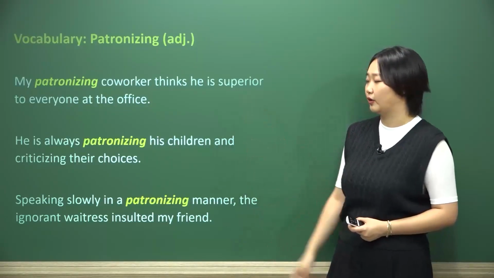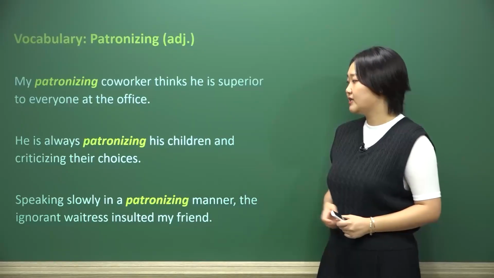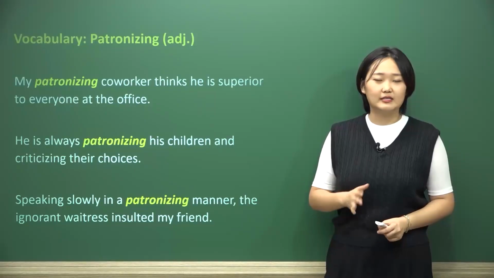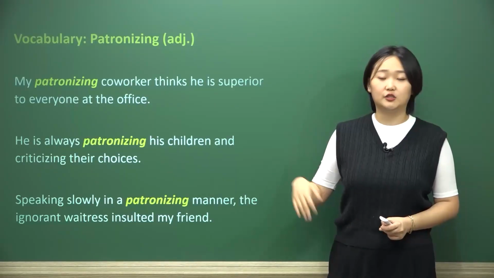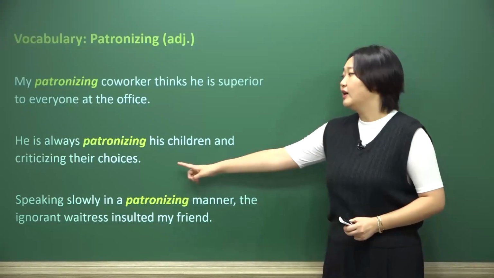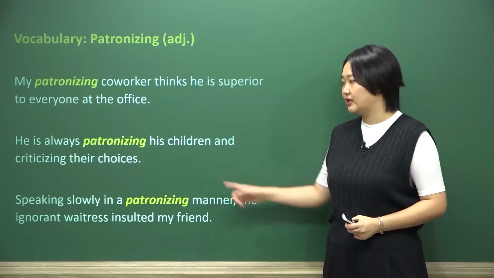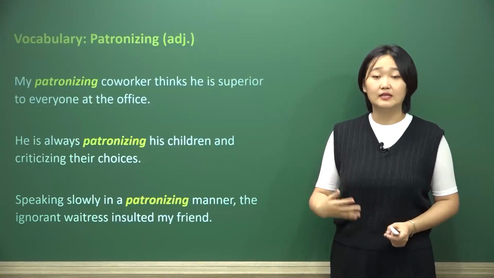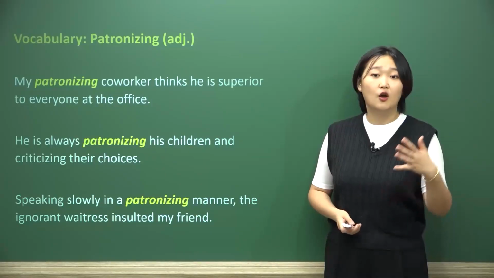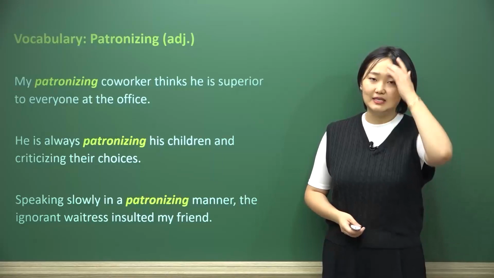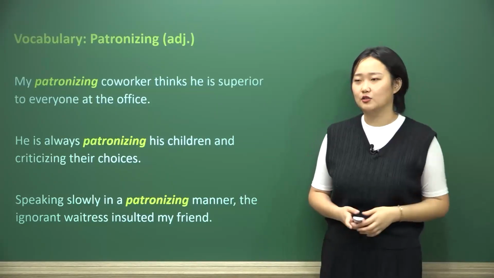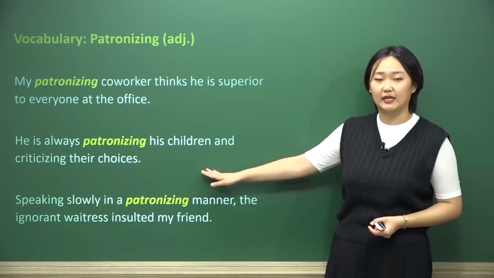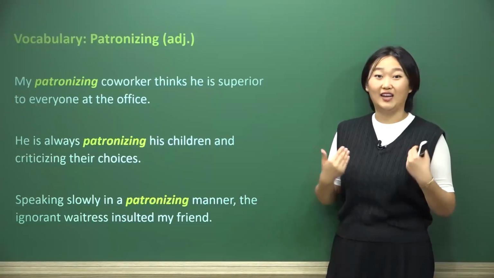Again, superiority. He is always patronizing his children and criticizing their choices. Let's think of this as maybe a father talking to his children. Two kids, they want to do stuff, and so the dad, instead of saying, I'm really supportive, good, or maybe I don't think that's necessarily the best idea, let's find something else to do, instead starts to patronize them, saying, I know better than you.